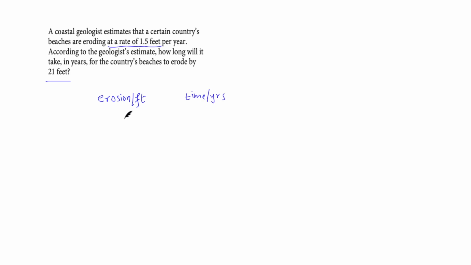So it takes 1.5 feet per year. That's the erosion. And we have to calculate how long will it take in years, this is your x, for the country's beaches to erode by 21 feet. There you go. Very simple. You cross multiply, you will get 3 by 2x.